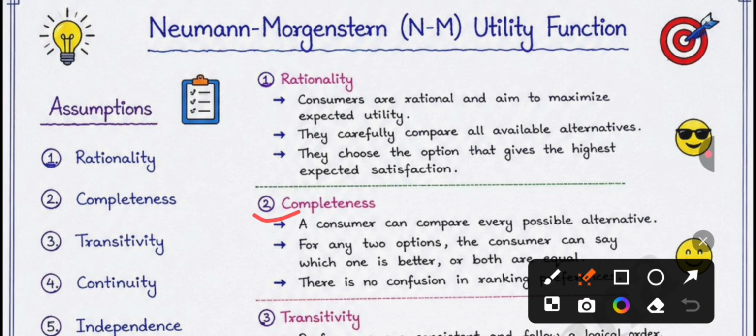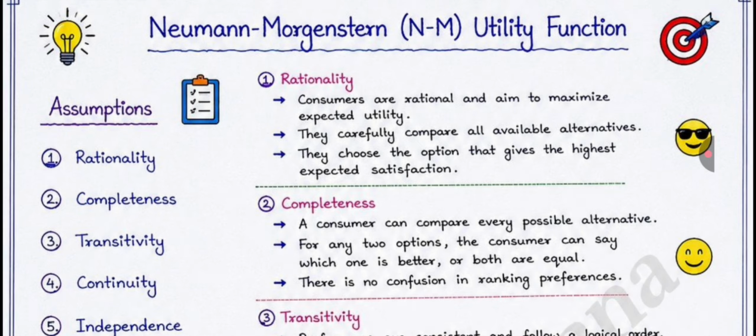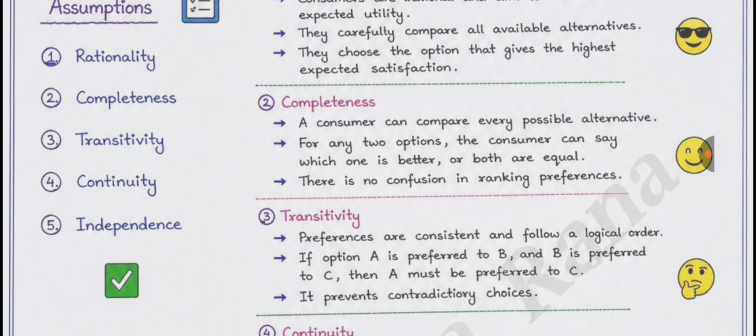The second assumption is completeness. A consumer can compare all available alternatives. For example, a person can decide whether they prefer tea or coffee or milk.